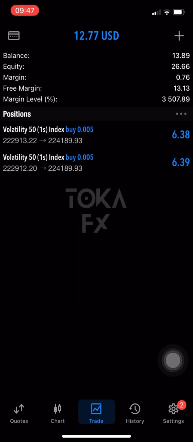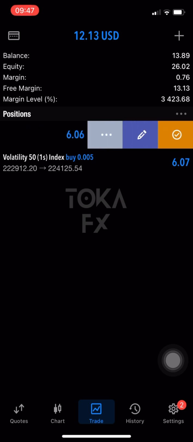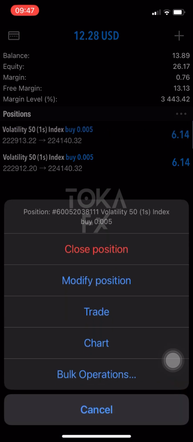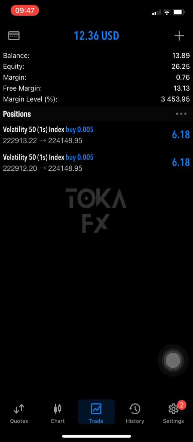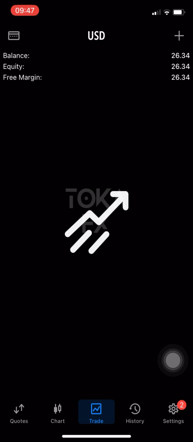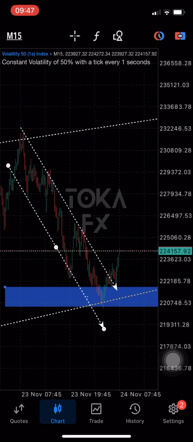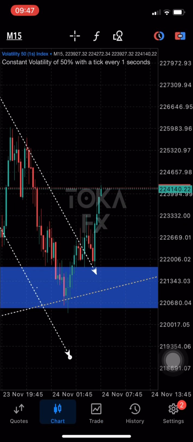So I would say wait for a higher time frame retest before you go all out with your buys. Let's just secure our profits. We're at an equity of 26.34. This is a major win for us.